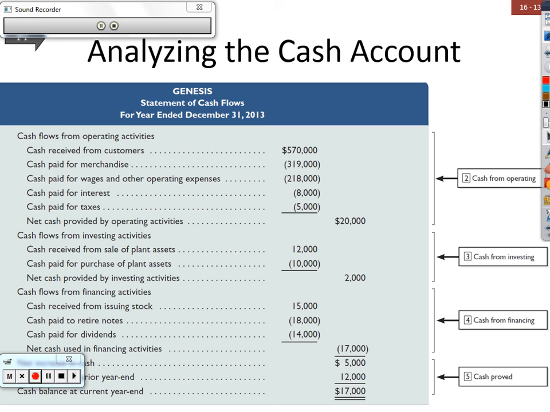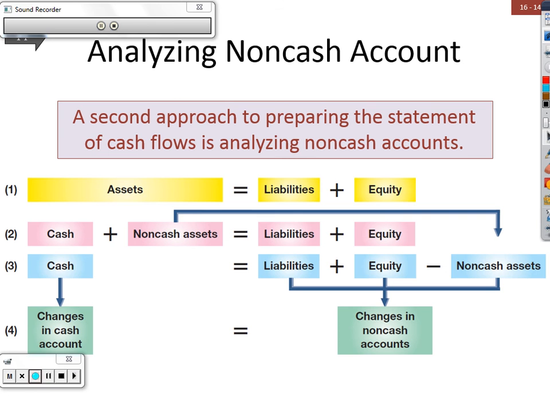Received, positive. And if it's paid? Negative. Cash flows from investing activities: received, positive; paid, negative. That's really all you need to know. You need to know when to reflect it as positive and when to reflect it as negative. If it says received, then it's a positive number. If it says paid, then it is negative.